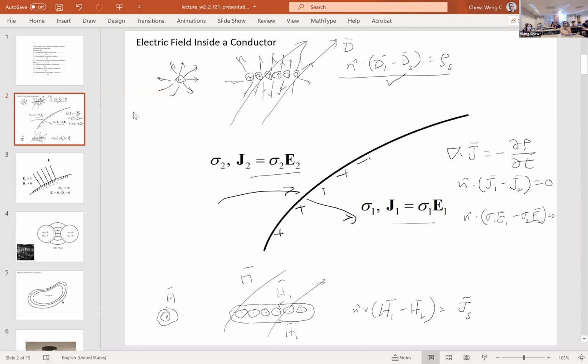So if you look at this equation more explicitly, you will say that epsilon 1 E1 minus epsilon 2 E2 must be rho sub s. So these two equations seem to be in conflict with each other unless rho sub s equals 0. If rho sub s equals 0, there's no conflict. Okay, and rho sub s can only be 0 if epsilon 1 and epsilon 2, sigma 1 and sigma 2 are of a certain type. So most generally, this equation is the more general one.